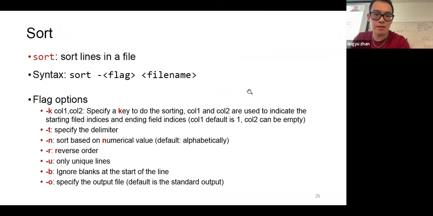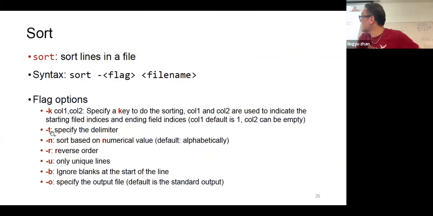One flag that is very useful is to specify a key to do the sorting. If you don't specify, it will just sort starting from the first character. However, if you specify a column, it will sort based on that column. And you can also add a second column, so whenever it's ambiguous, it will also use the second column to determine the order of the sort.